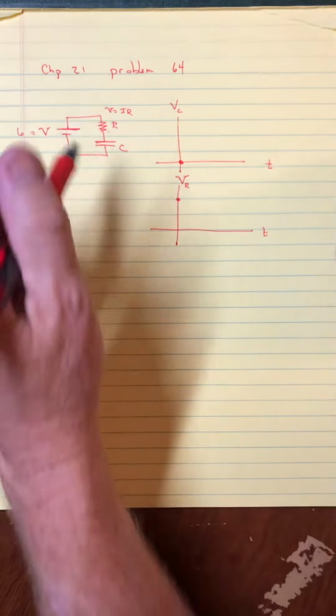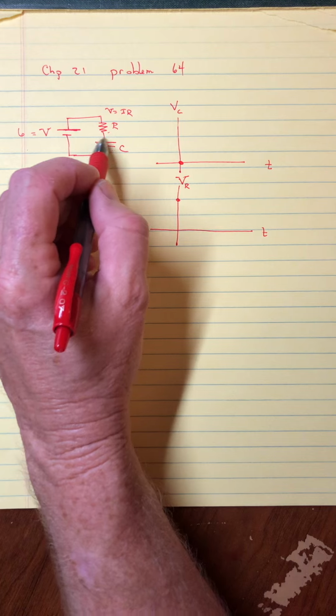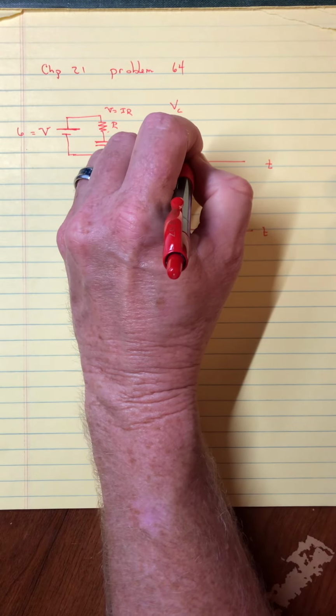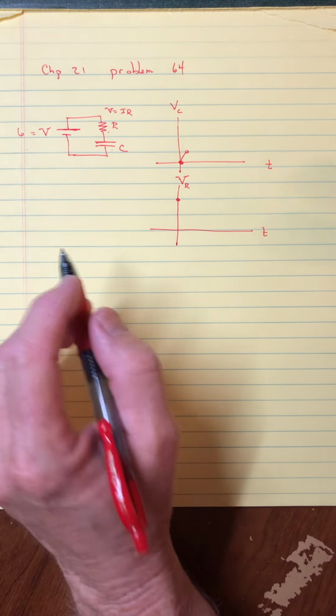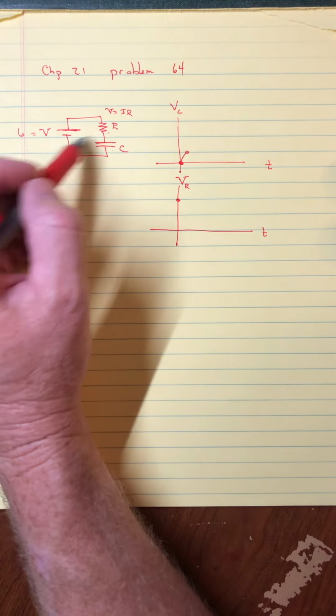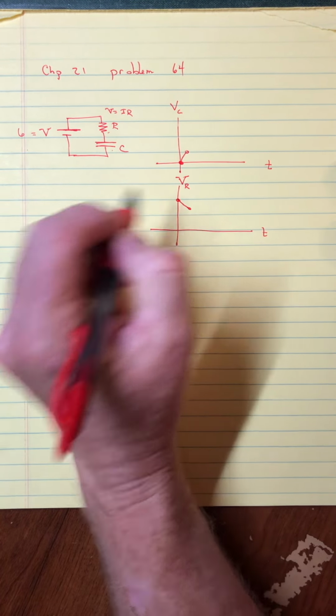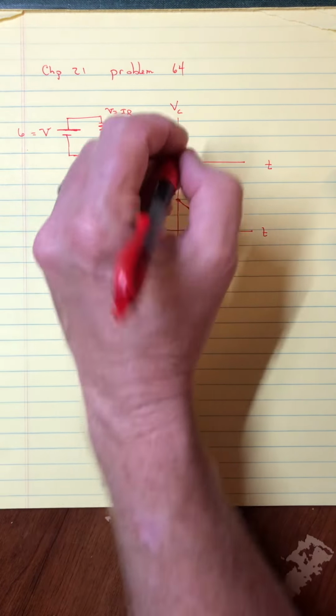And then as current starts to flow, you'd begin to build up a little bit of charge on here. And so maybe the voltage on the capacitor comes up to 1 volt. Now remember, this total would have to always equal 6, so the voltage on the resistor would go down to 5.